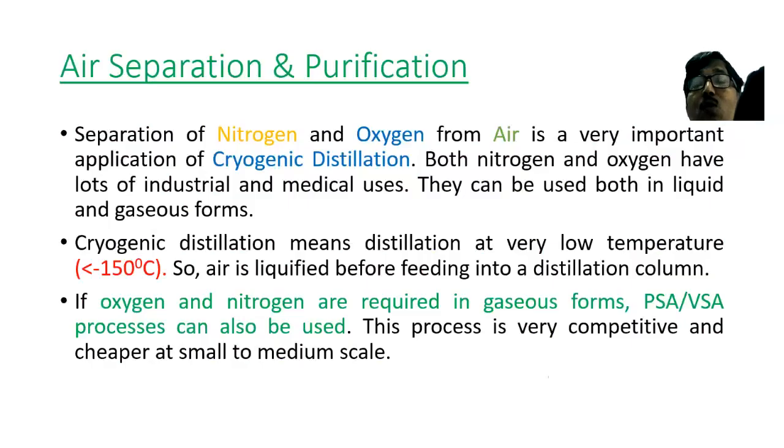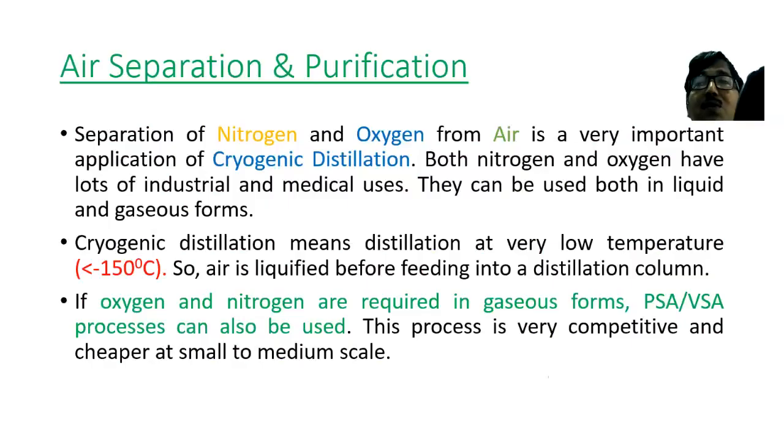Now, one important thing all of you should know: if we need oxygen and nitrogen in gaseous form, there is another technology known as pressure swing adsorption or vacuum swing adsorption. With the help of that process, we can separate oxygen and nitrogen from air.